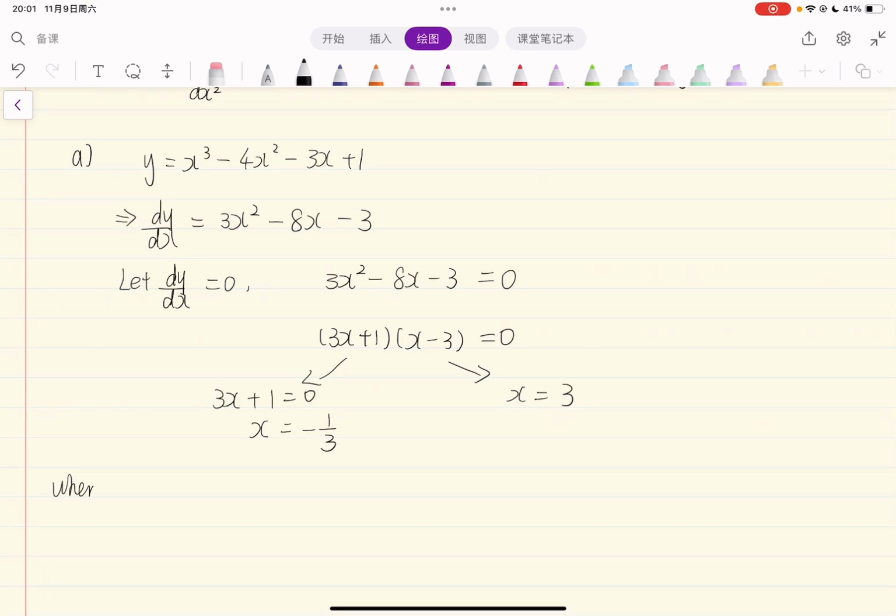When x equals negative 1 over 3, y equals negative 1 over 3 cubed minus 4 times negative 1 over 3 squared minus 3 times negative 1 over 3 plus 1, which equals 41 over 27.